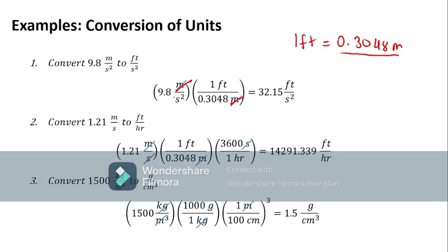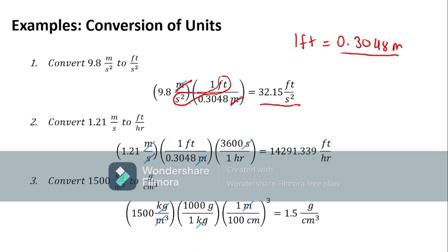Hindi natin papakialaman si second squared since yung target natin na desired unit naka-second squared siya. So, wala na tong meter. Ang unit natin ito, this one. So, yan yung magiging unit natin. Feet per second squared. So, 9.8 times 1 divided by 0.3048, we will have 32.15 feet per second squared.